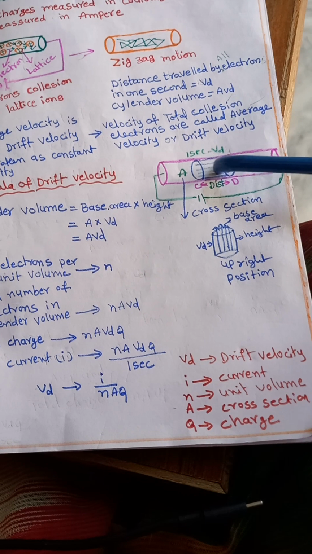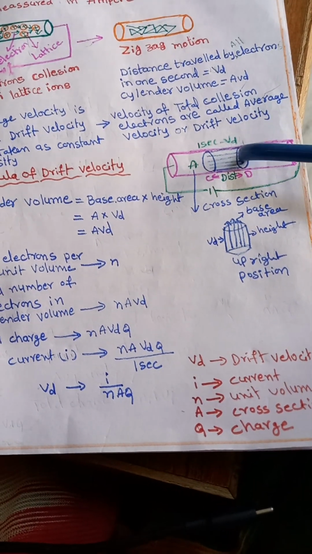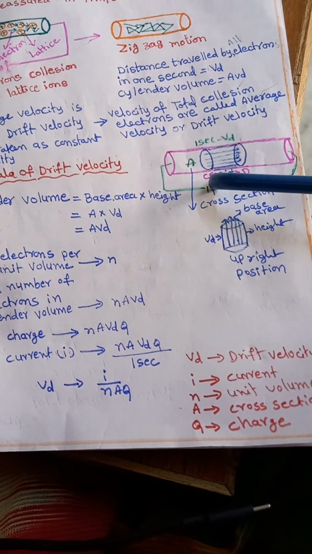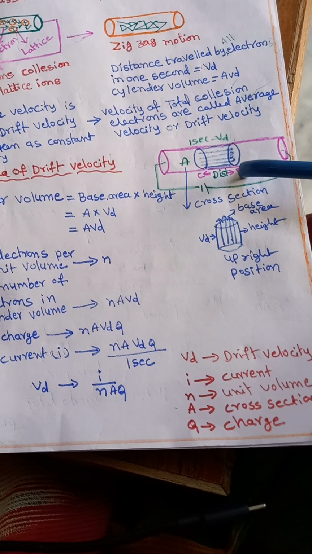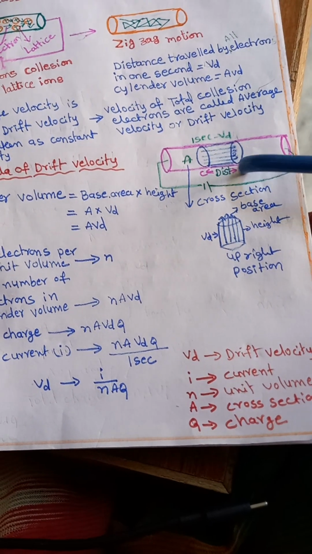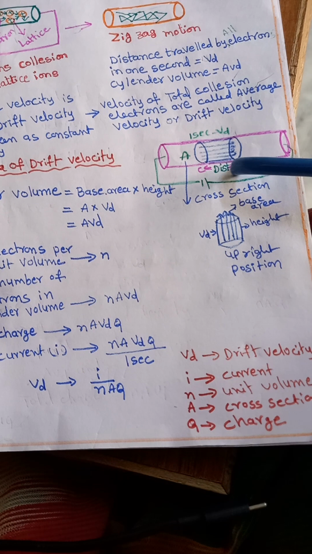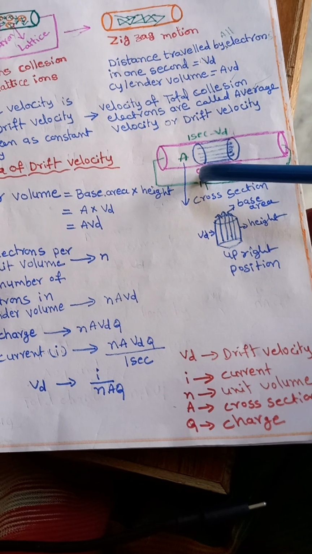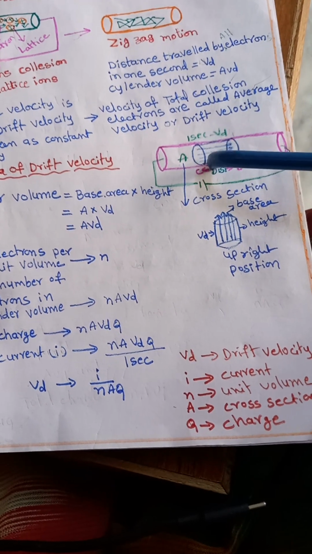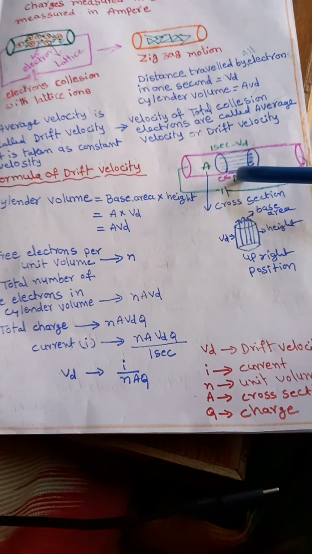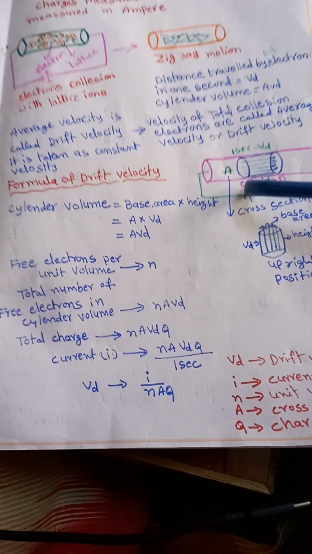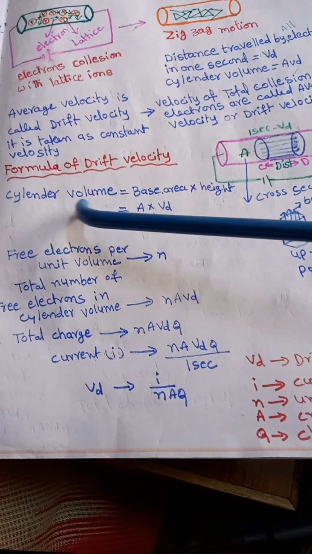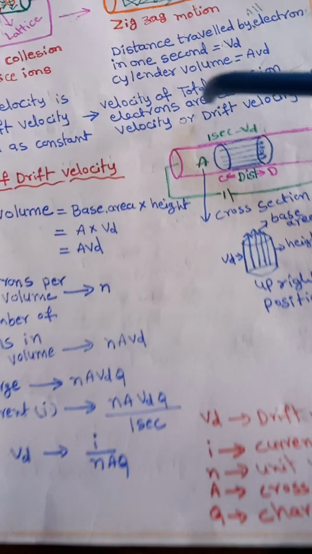This cylinder is present inside the conductor, and in this cylinder the electrons move from C to D in 1 second, which is called drift velocity. The whole shape is called the cylinder volume.